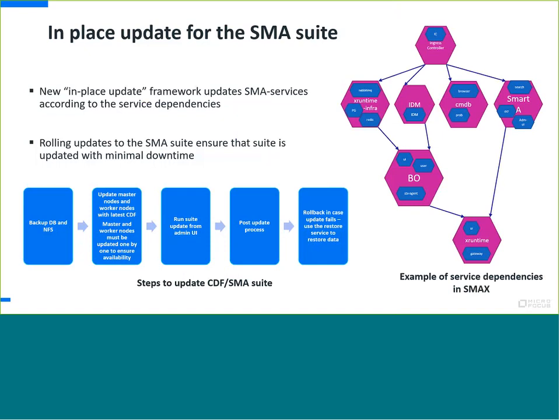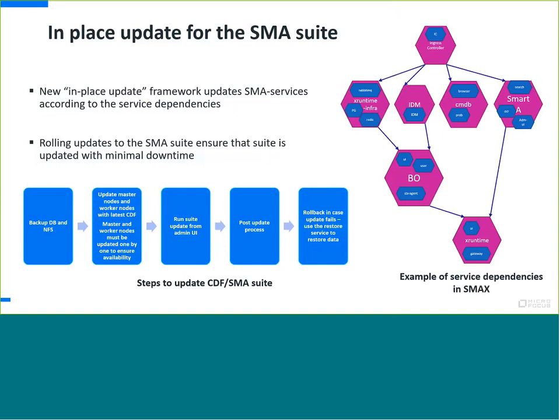One of the key things that we did in this release is we are releasing a new in-place update process, which will allow both flavors of the suite, SMAX and SMASM, to be updated in place without the need of any additional hardware, and at the same time with minimal downtime.